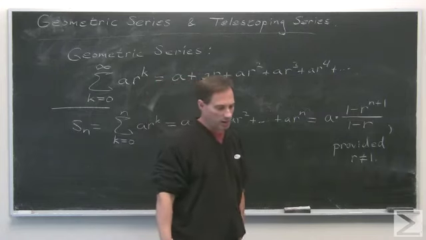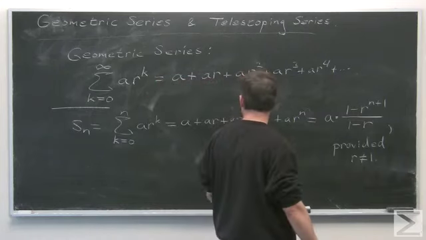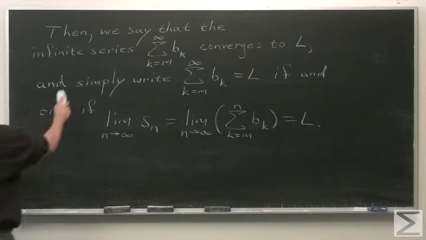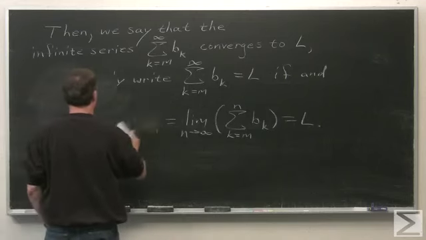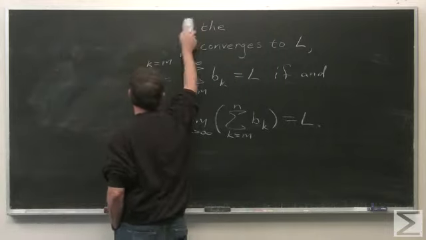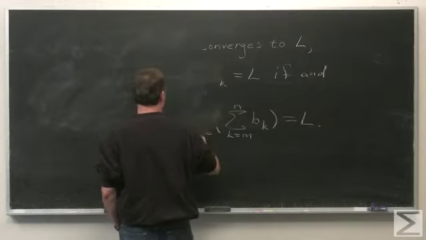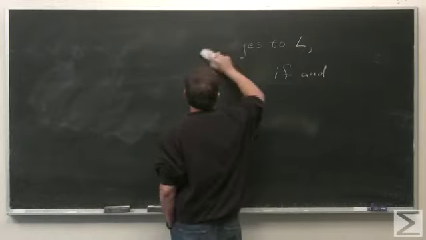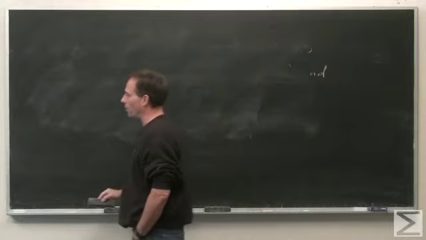And so what do you find? You find quickly that if a is 0, that's a very stupid series, so we're going to assume a is not 0. And you have to deal with the case where r is 1 separately.